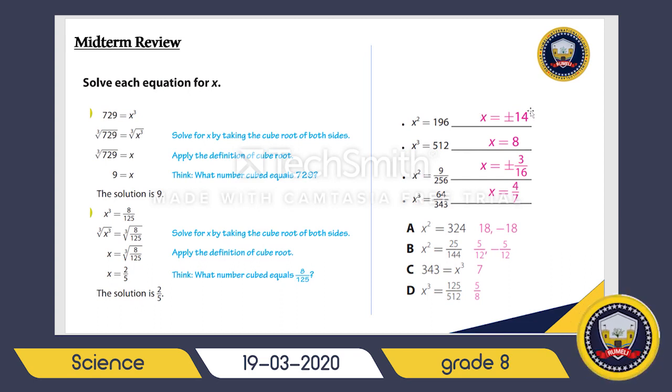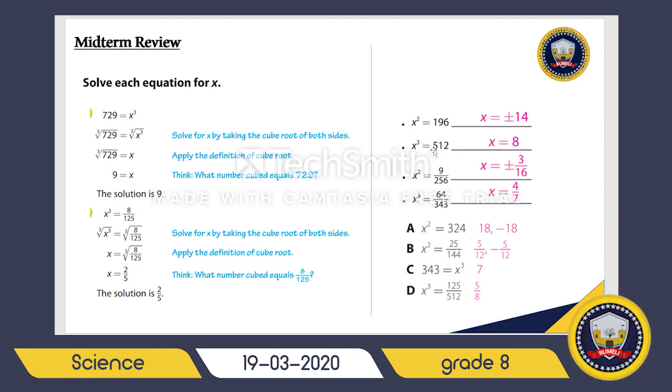So you can write plus 14 and minus 14, or you say plus minus 14, two values. The plus 14 is the main or the principal root, so we usually use it, but in general, try to use both of them, plus minus 14.